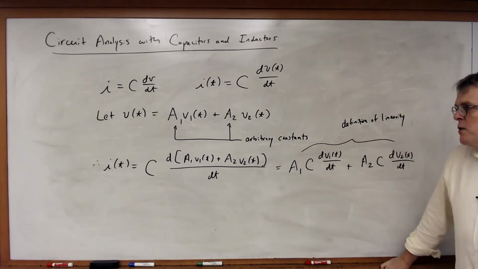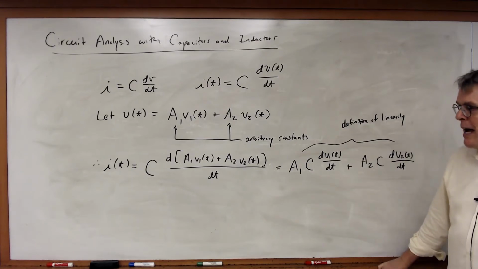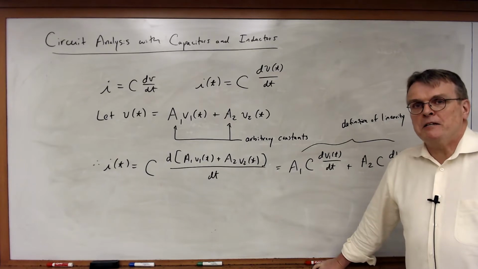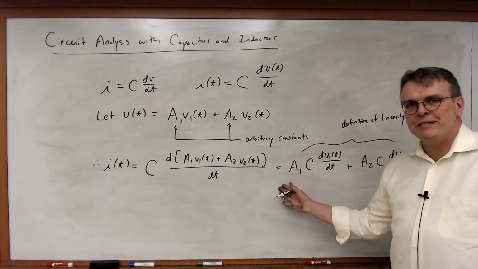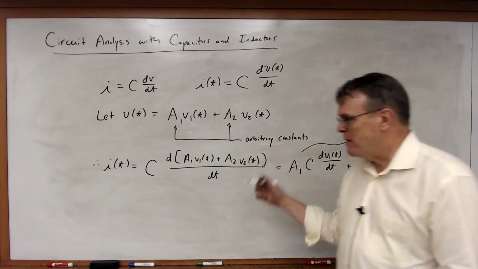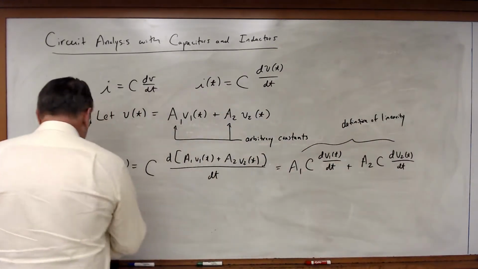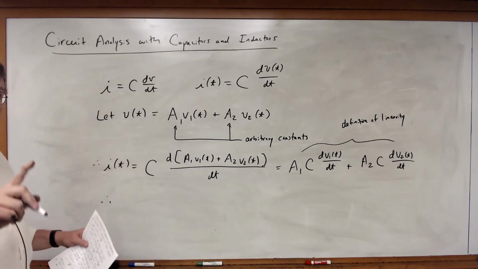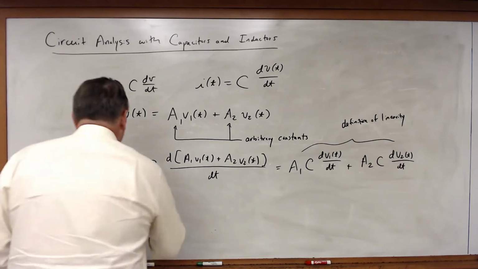So I could do a very similar type of expression using v is equal to L di/dt for the inductor, and show once again that it also meets the definition of linearity. So, not surprisingly, and very fortunately, both capacitors and inductors are linear elements.